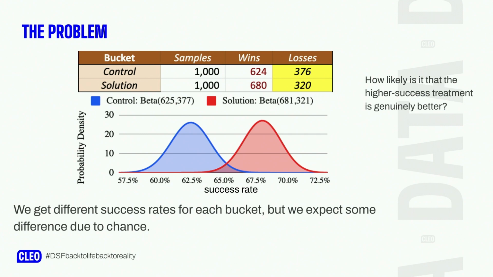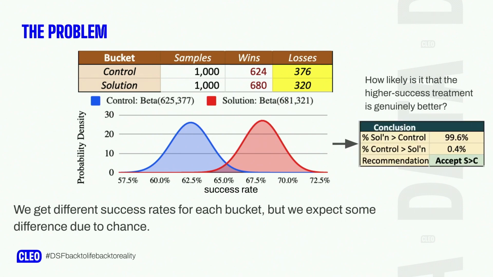And as I'll show next, each of these can be used to calculate a beta distribution, and from that we can get a win rate to tell us, well, the probability with these numbers of wins and losses, the probability that the higher success variant is better is 99.6%. So in that case, we'd be likely to stop the test and say, okay, we're 99.6% sure that it's better, whereas 50-50 would be saying, well, no, it's just noise.